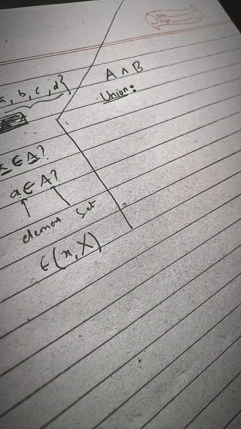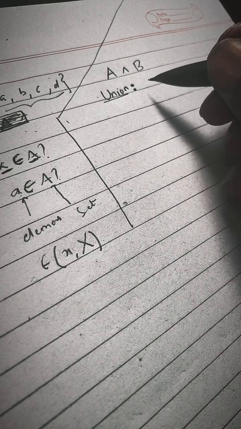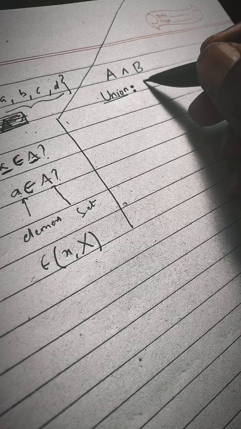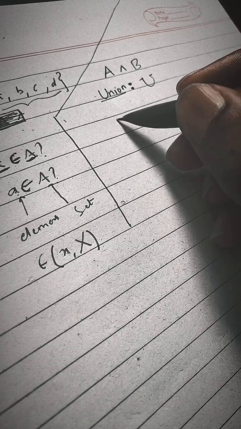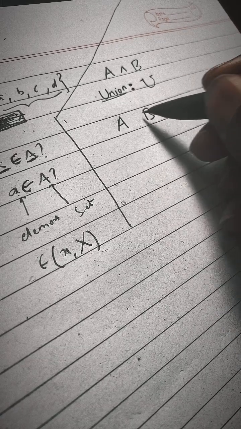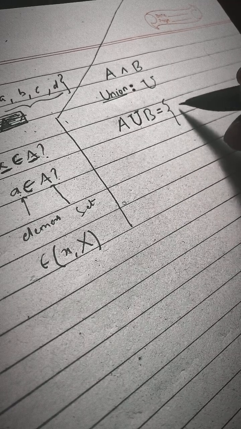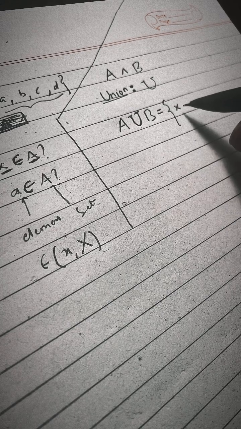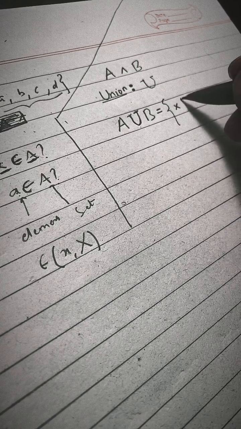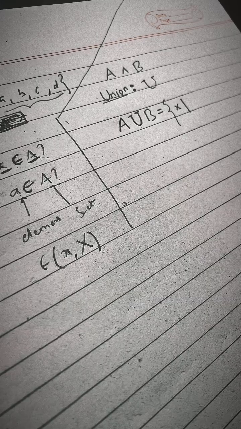The notation is ∪. So given A and B, it is going to produce a set which has some element x, such that, what is the nature of x?